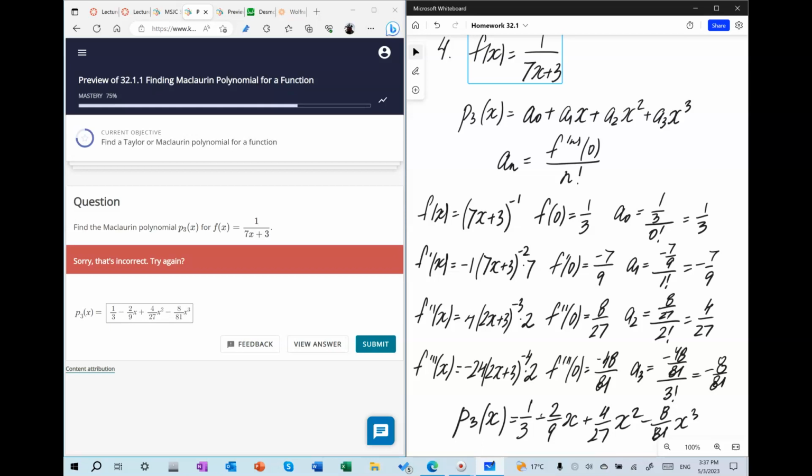Now we have negative 7 times negative 2, that's 14. We have 7 here, 7 here. So we have 14 times 7, which is 98.